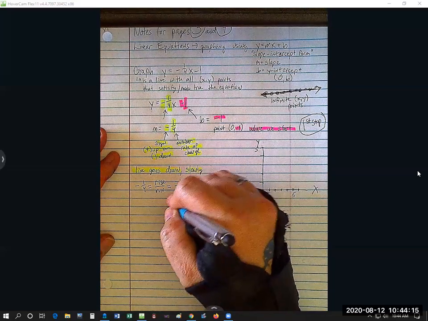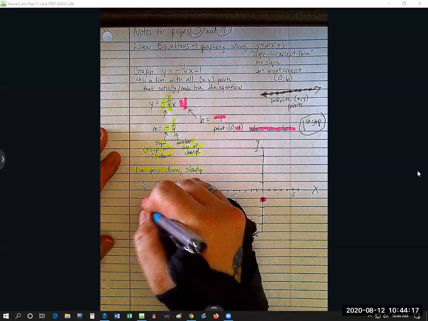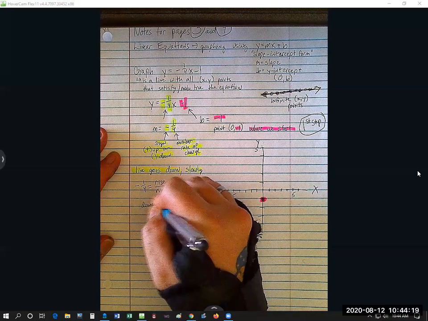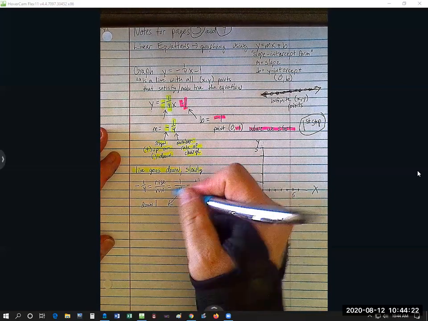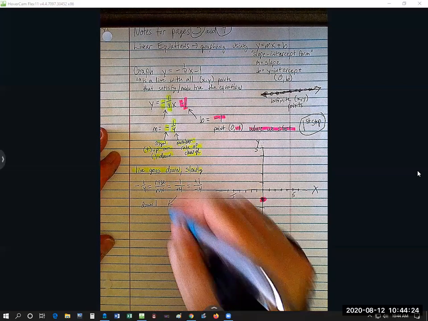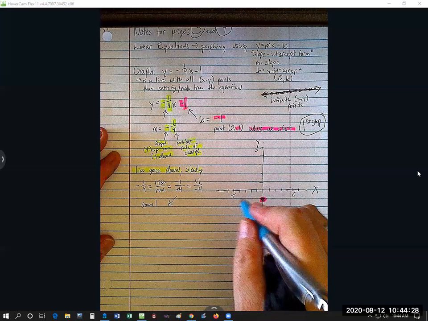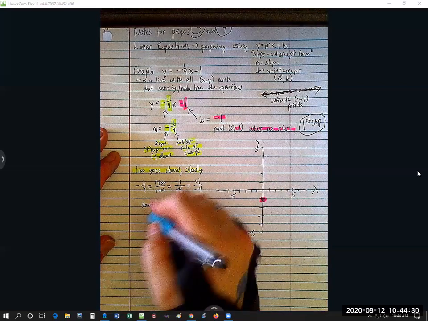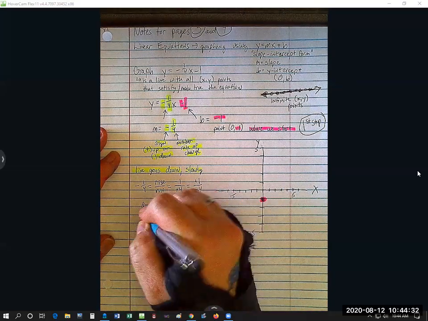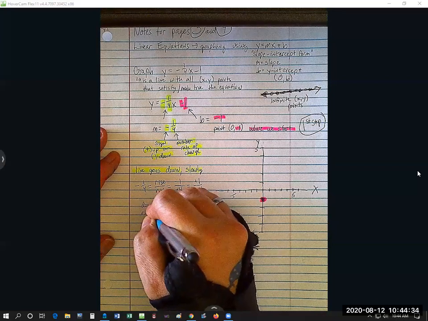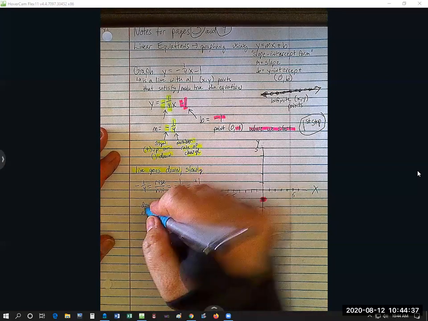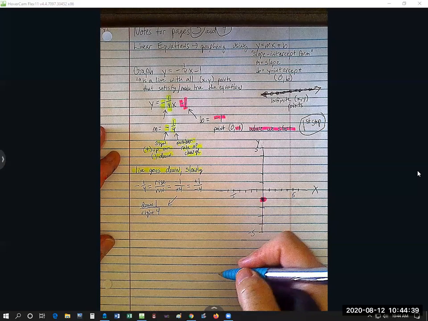If we go -1 over +4, this means we're going to go down 1 because the rise is up and down. So we're going to go down 1, and the run is horizontal, and numbers get bigger as you're going to the right. So we would go down 1 and then to the right 4 because you are adding 4. You're adding value. You're making it bigger.